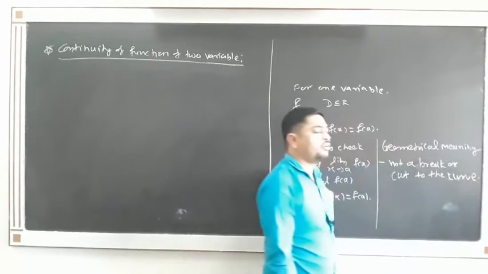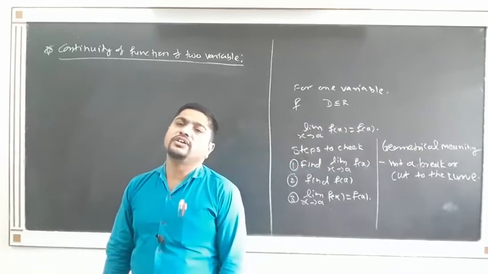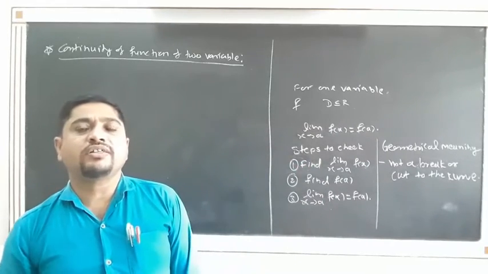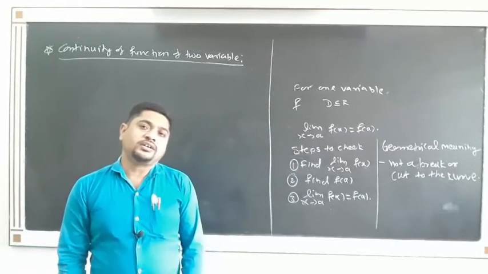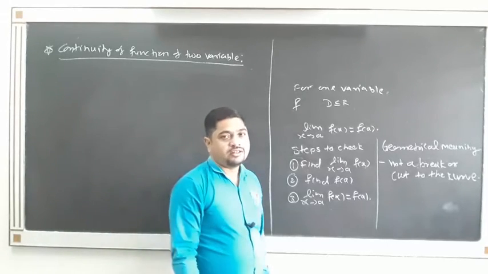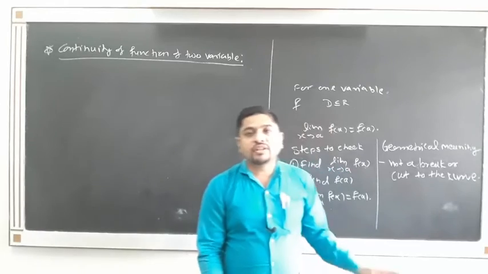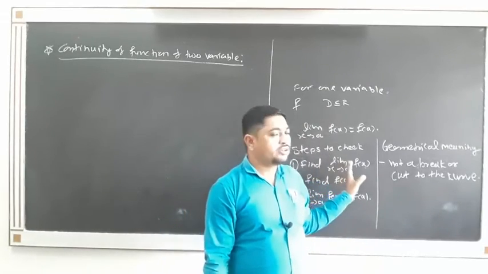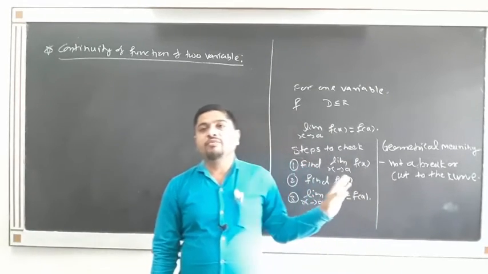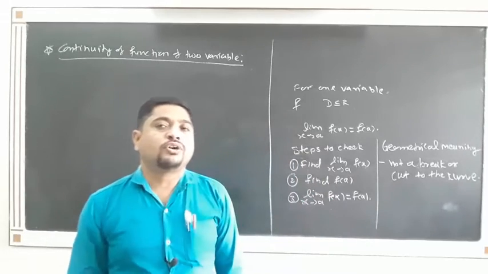So how do we say that the function is continuous? If the function or the curve is not cut or it has no break, then we say that the function is continuous. Now the same concept we have to discuss for function of two variables.